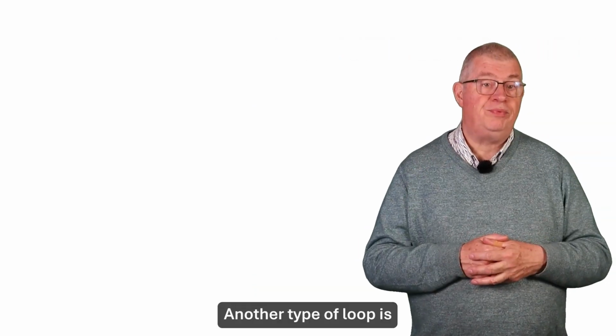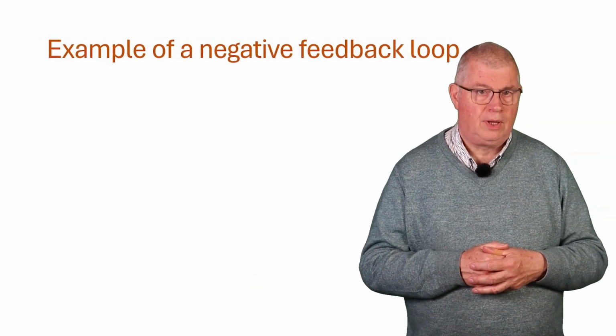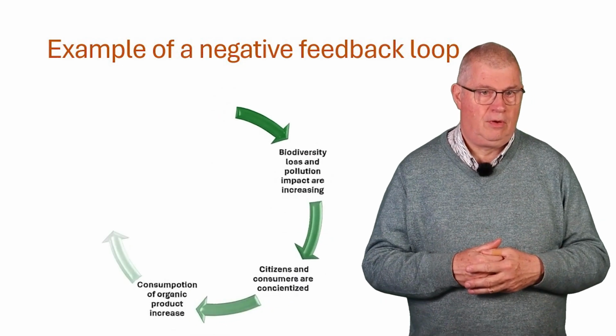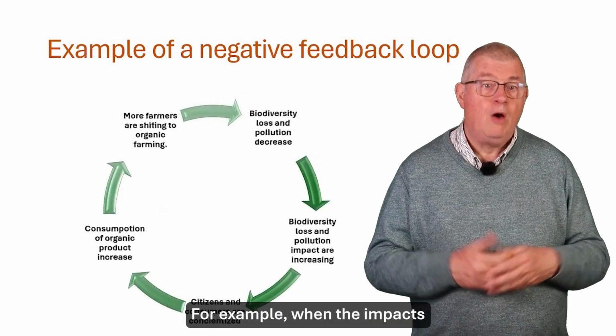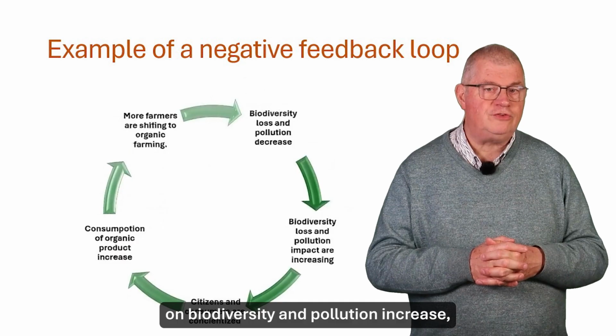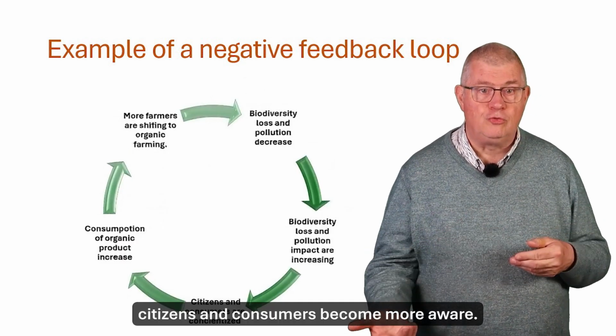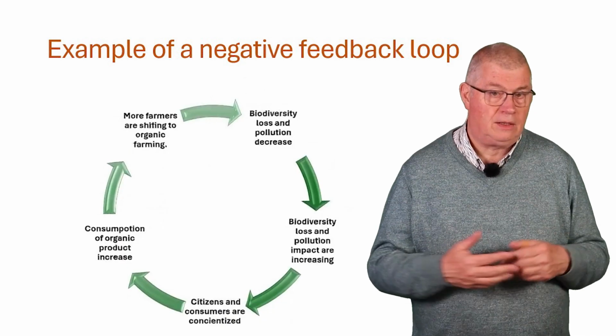Another type of loop is the negative feedback loop. In this case, it leads to stabilization. For example, when the impacts on biodiversity and pollution increase, citizens and consumers become more aware.